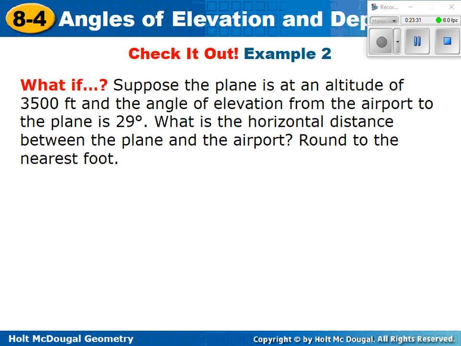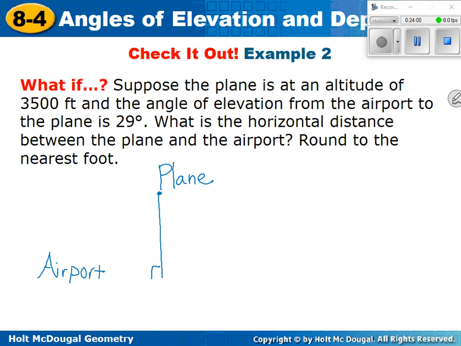How do you measure the height of something? Do you measure it diagonally? Straight, perpendicular, up and down. So when they say that you have a plane in the air, and then you have an airport, which is hopefully on the ground, it says suppose the plane is at an altitude of 3,500 feet. So your plane has an altitude, meaning perpendicular to the ground.